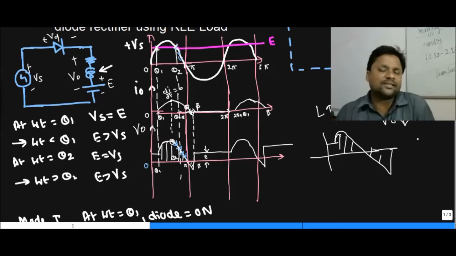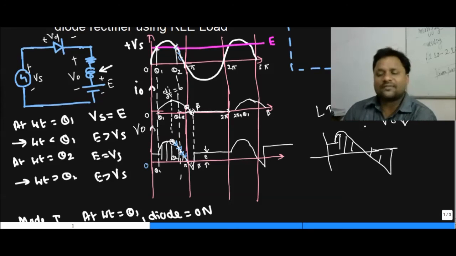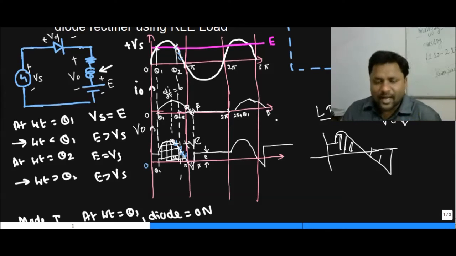So it is not desirable to increase the value of the inductor, because the average output voltage is going to decrease. Here we are obtaining the output voltage in this fashion, which is more positive. But if we increase the inductance, the time taken by the current increases, so beta increases, and then the average output voltage is going to decrease.